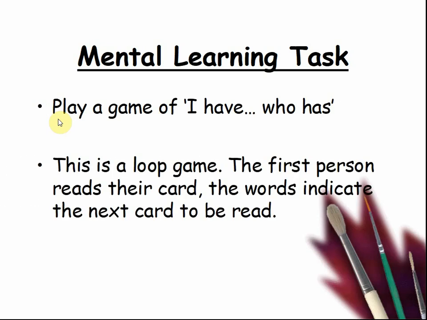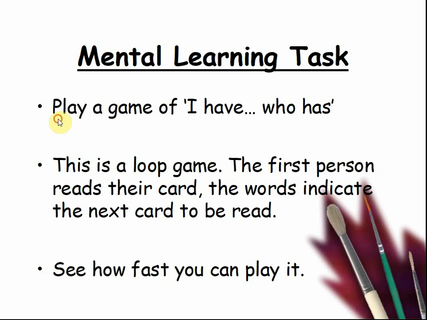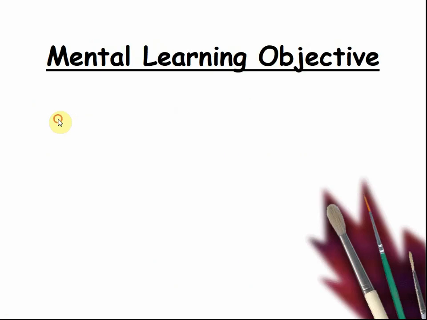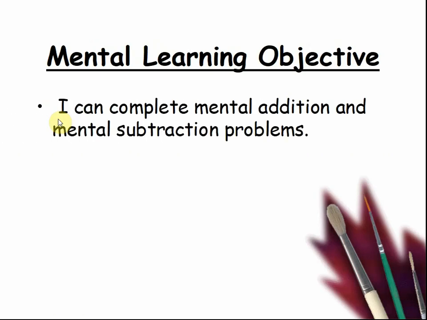The first person reads their card. The words indicate the next card to be read. How fast can you play this game as a class? I can complete mental addition and mental subtraction problems.